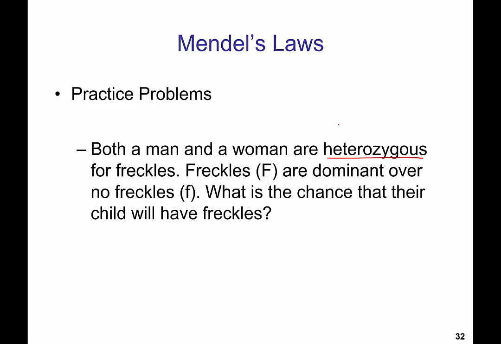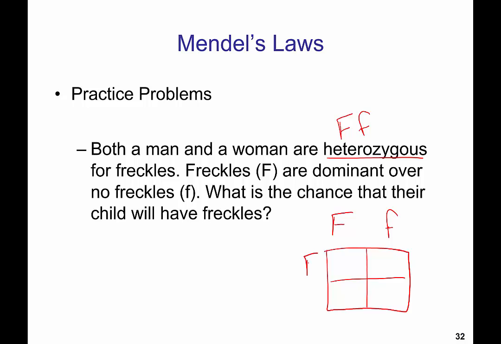So this means that both parents are going to be heterozygous, have big F, little f. So if we use a Punnett square to work this, we can have one parent here, and the other parent here.